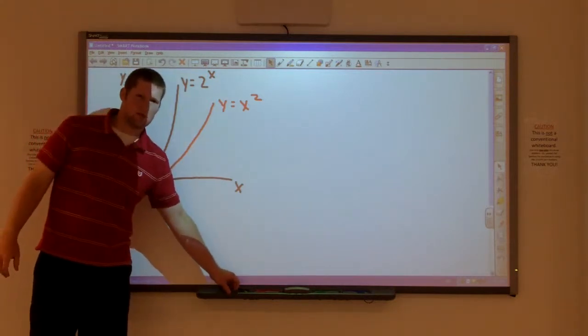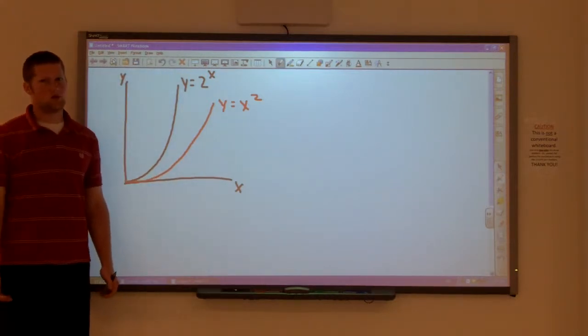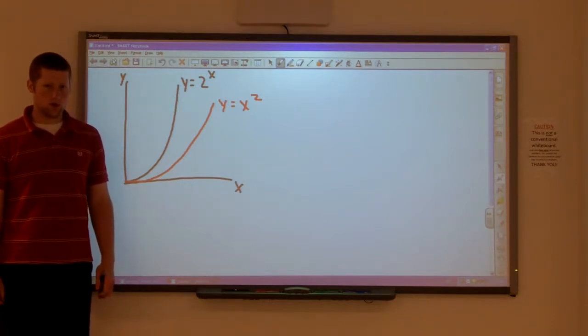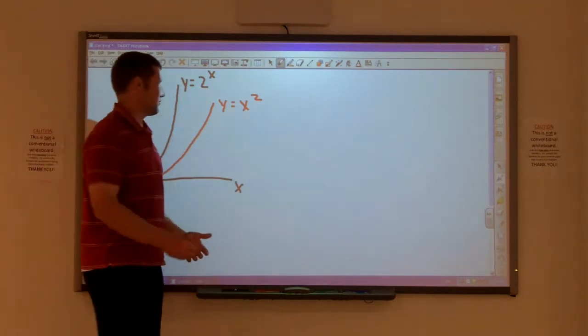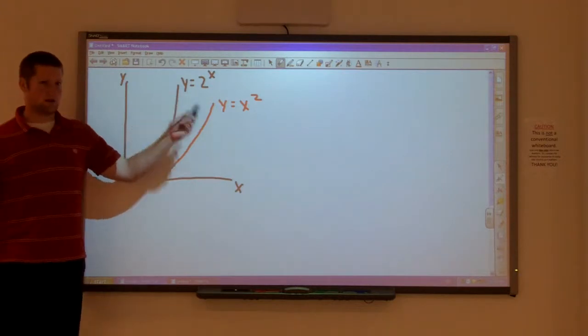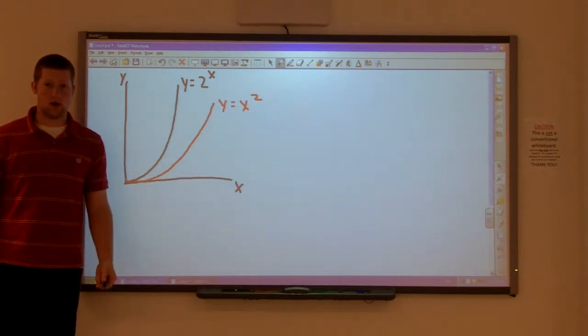Now the reason for this is because the rate of change of an exponential function is proportional to the exponential itself. So the rate of change of y equals 2 to the x is proportional to 2 to the x.